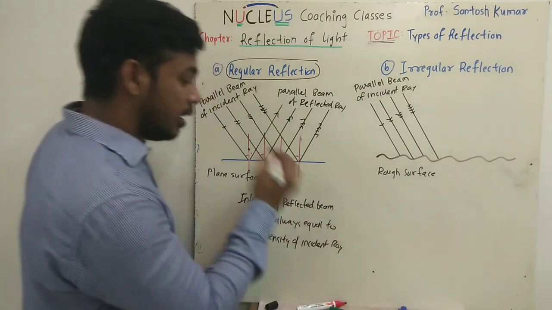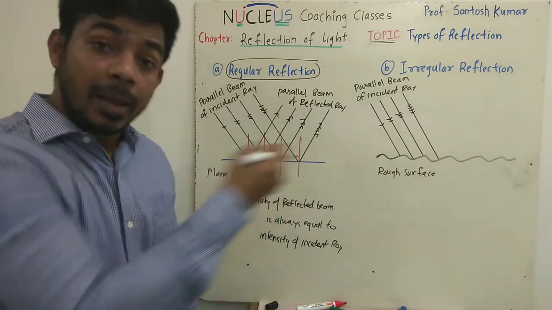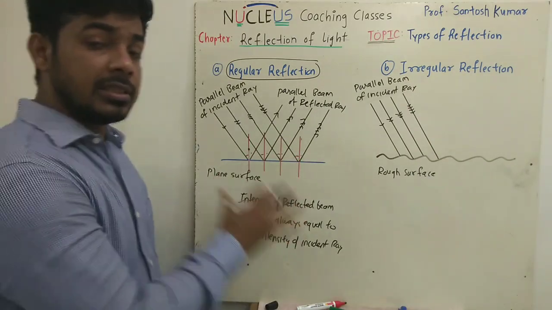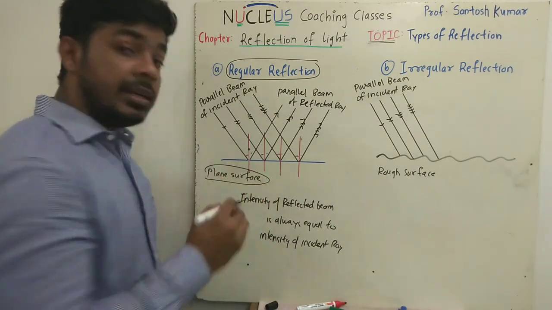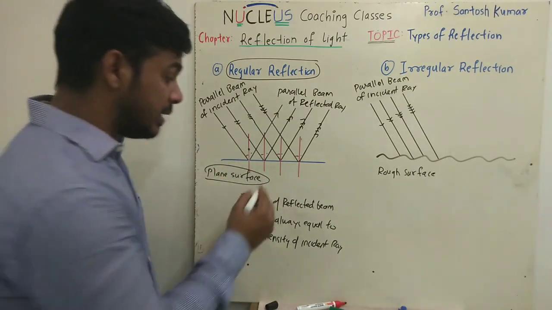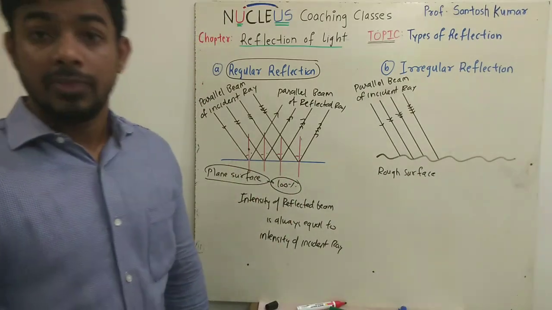Remember, here we are considering a case where no part of the light is absorbed by the surface. So this is just an ideal case where the surface is a plane but highly polished. That means the surface is behaving as a 100% reflector.